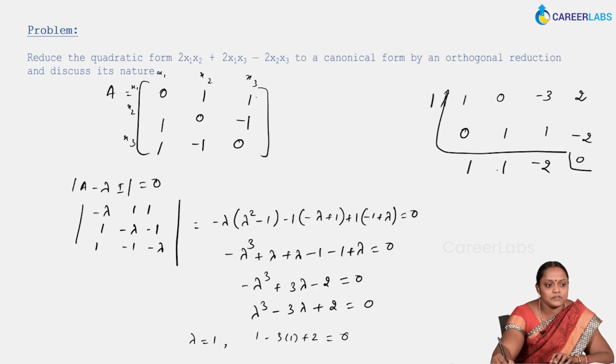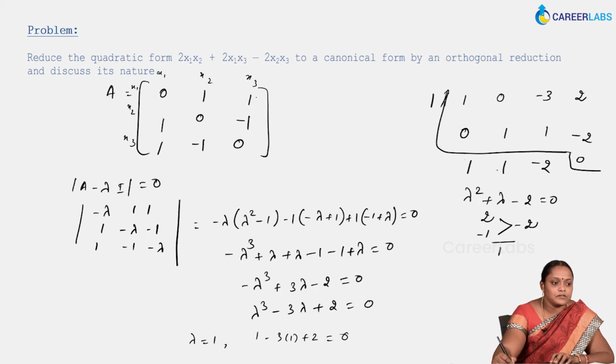So, obviously, the term will get eliminated and the equation will become lambda square plus lambda minus 2 equal to 0. So, product should be minus 2 and addition to it should be 1. So, this is 2 times 1. So, this will be satisfied. So, lambda plus 2 into lambda minus 1 equivalent to 0. Therefore, the value of lambda is minus 2 and plus 1.